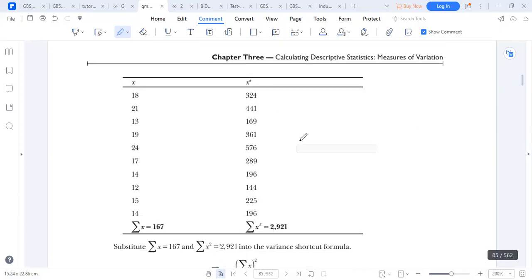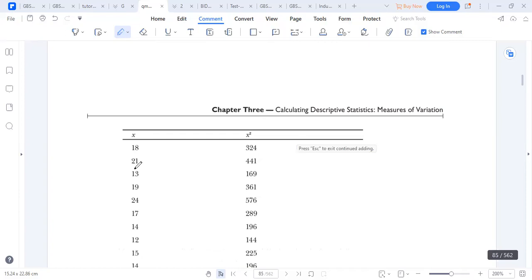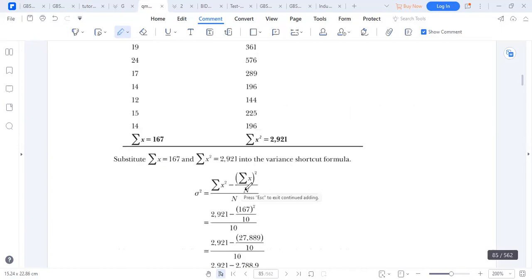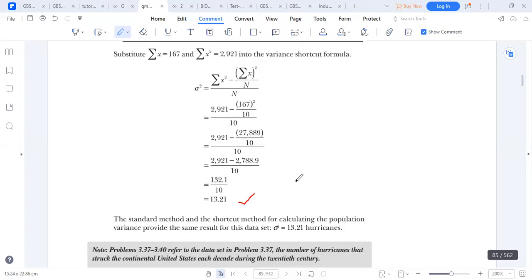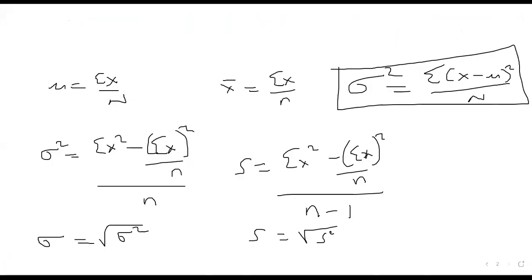So sometimes you can use these figures here. 18, you square it. Figures, you square them, you get the summation of x squared. Then divide by n, everything over n. You still get the same figure. So this is a formula that I like. It's easy. If you have numbers like 2, 4, 6, these are values of x.